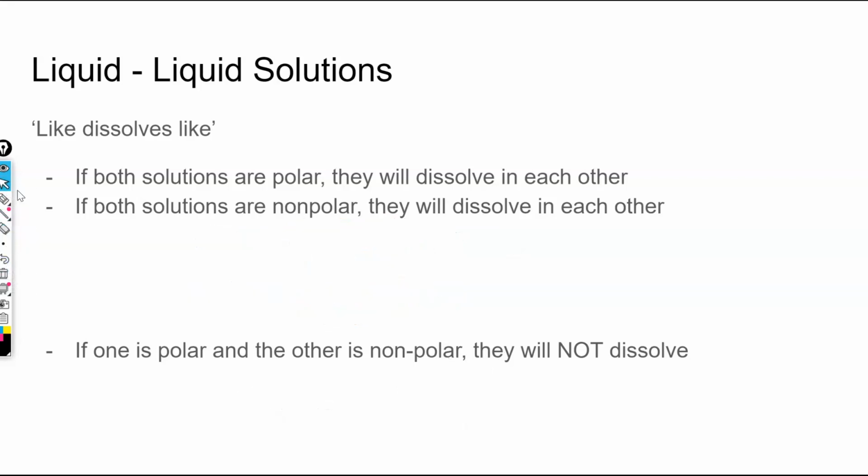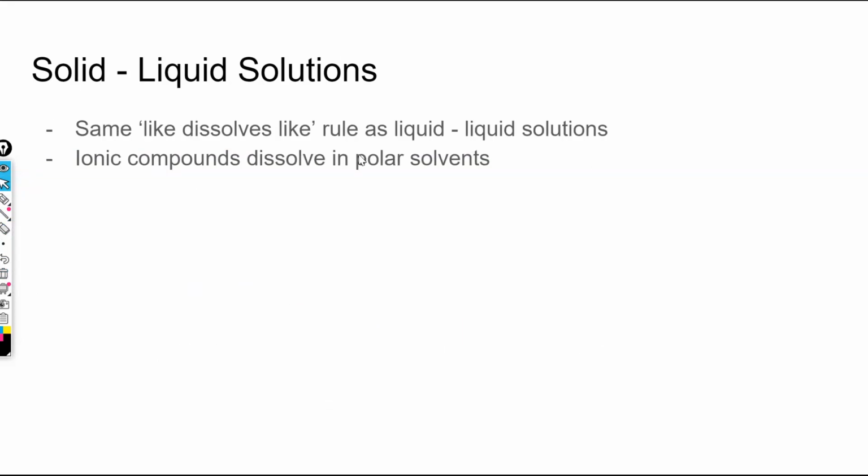The exact same can be said about solid and liquid solutions. The same rule applies: if they're both polar, the solid and liquid will dissolve within each other. If they're both nonpolar, they will also dissolve within each other. But if one is polar and one is nonpolar, they won't dissolve. And another rule that goes along with this is ionic compounds, which, remember, are a metal and a nonmetal, like NaCl or magnesium chloride.